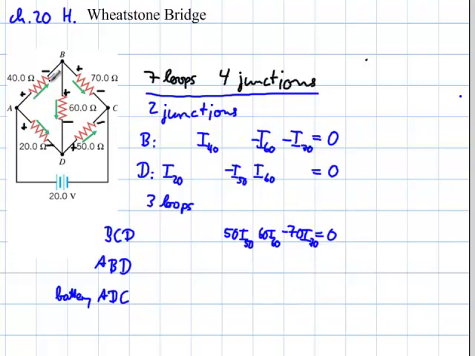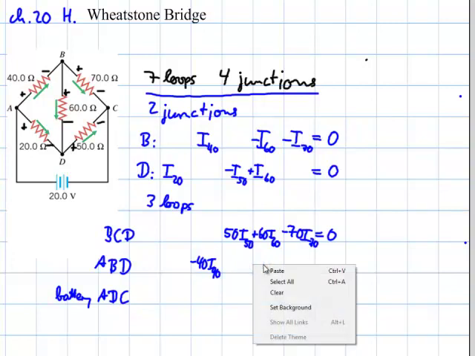ABD, potential goes down, so I have a negative 40 times I40. By the way, on any of these where it didn't write a negative in front, that should be a positive. So here it's a plus, there's a plus, here's a plus actually as an equation. Actually here it's better if I do write it, because I still have equations there. Okay, so negative 40 times I40, then this one here goes down, so it's negative 60 I60.